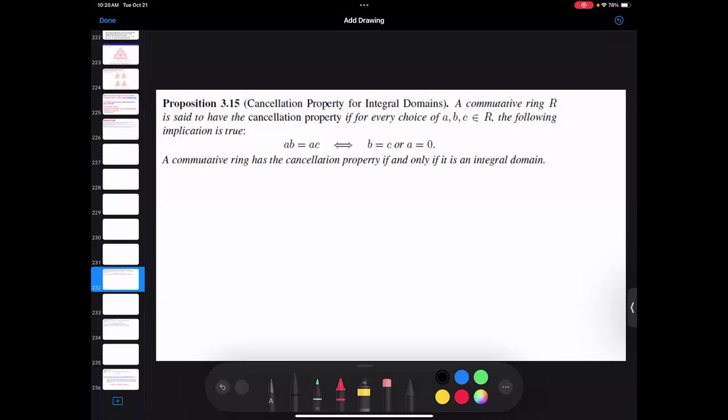So you get to assume one and then try to prove the other, and then you switch. So which would you like to do first? Assume that it's an integral domain, or assume that it has the cancellation property? Which should we try to do first?